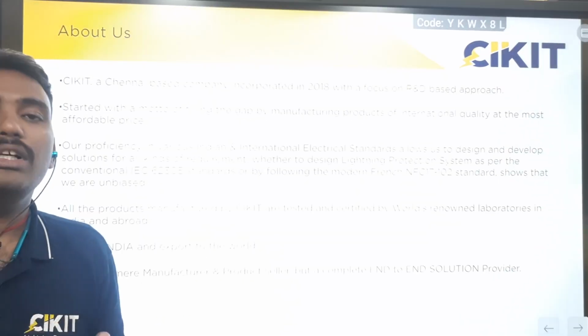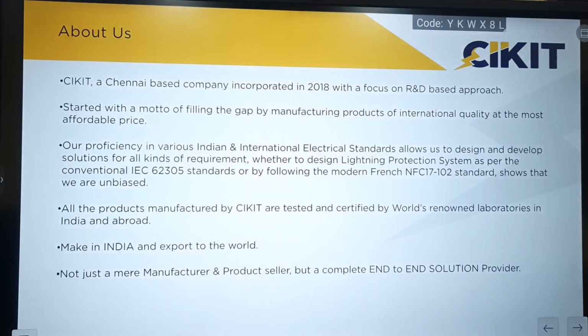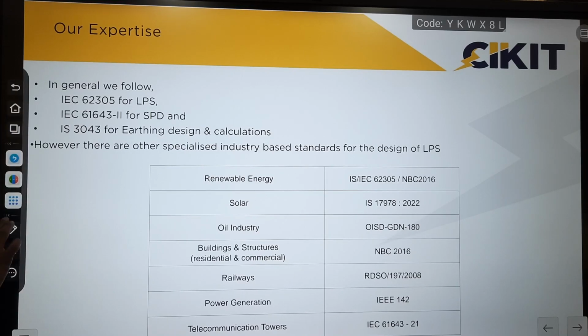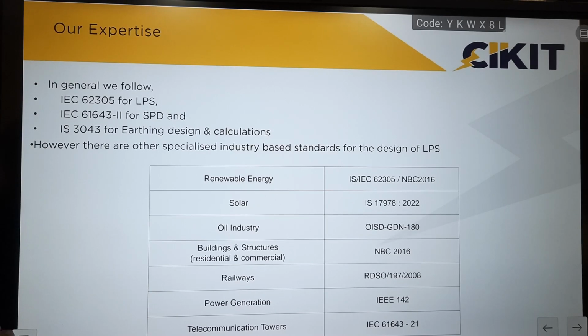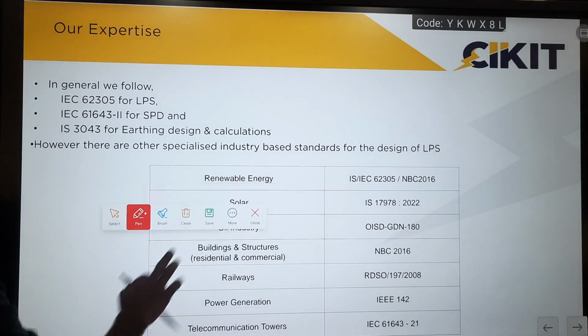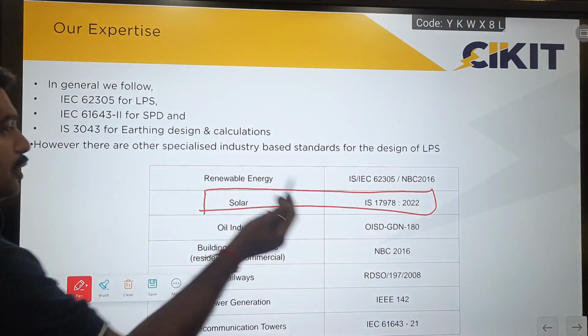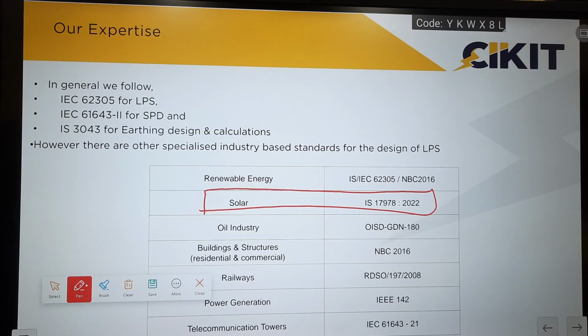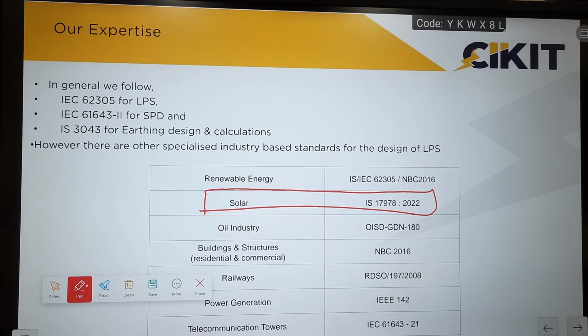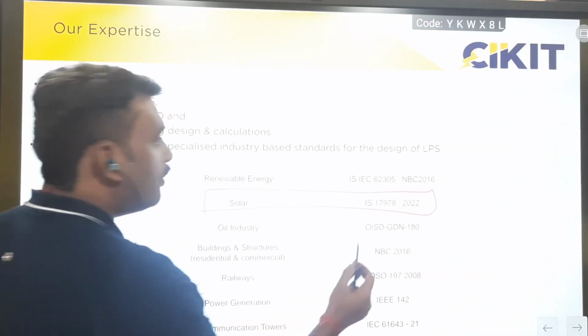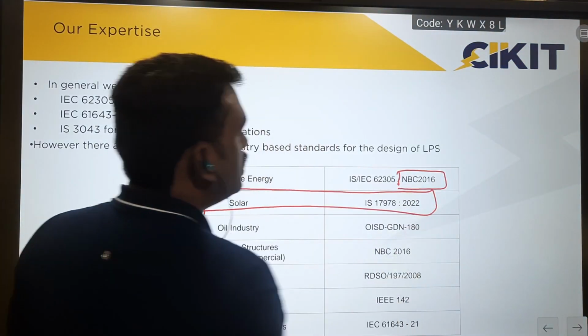These are some of the standards which we refer for lightning protection system design. For a long period, we didn't have any standards explaining protection methodologies for solar farms. Recently, in 2020 only, IS published the standard 17978, which explains lightning protection systems and surge protection for solar farms. Apart from that, we also refer to NBC 2016.